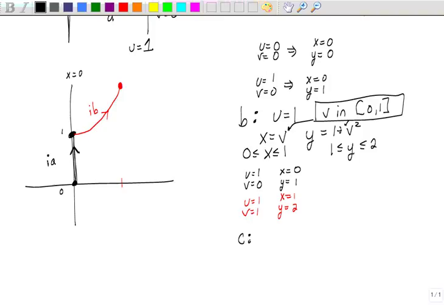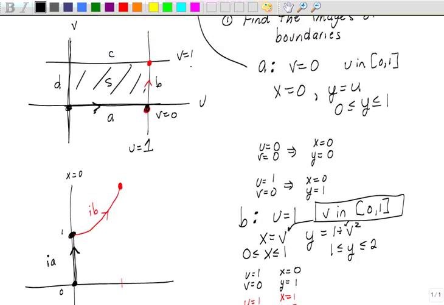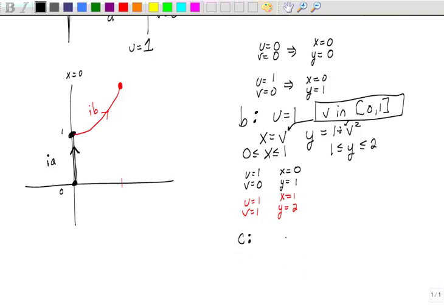Now C is this line v equal 1 for u in 0, 1. So if v equals 1, we get x equal 1, y equal 2u. So if x is equal to 1, we're along this vertical line, and if u is between 0 and 1, then y is between 2 and 0 on that line, so we're right here.